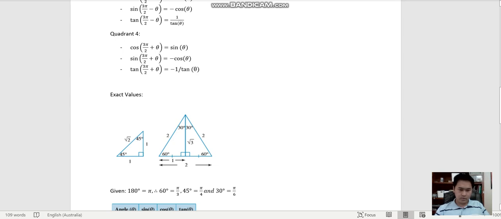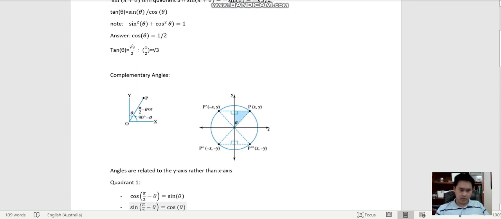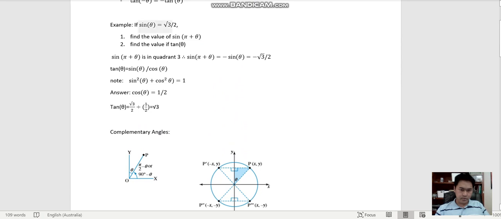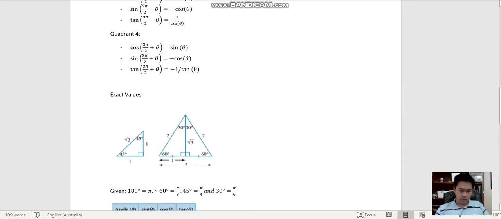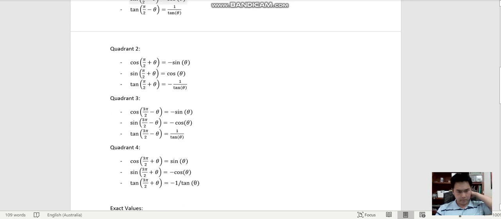This is where you get these angles. For example, we talked about sine theta is root 3 on 2. You can calculate it for yourself and realize that sine is opposite over hypotenuse, so root 3 over 2, and that would be sine at 60 degrees, or sine pi on 3.